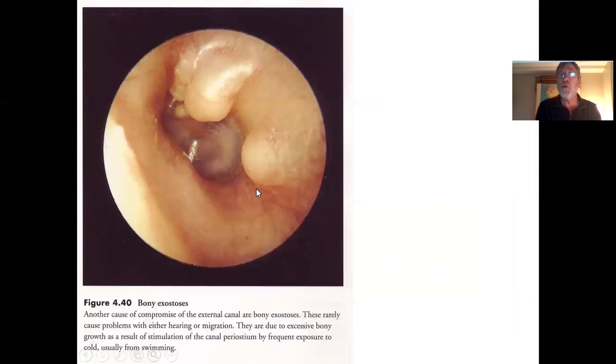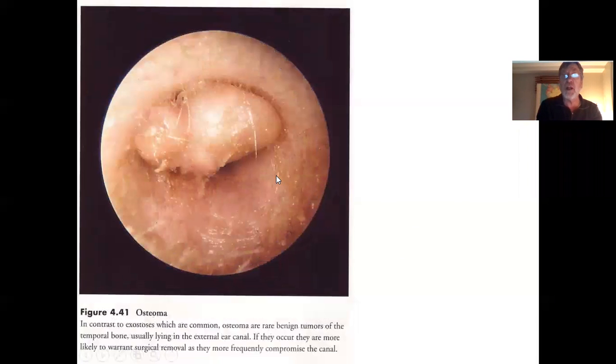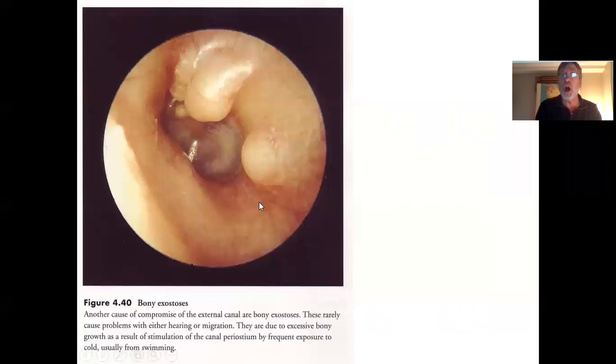It's nature's own device to protect the ear canal and eardrum from cold water. These are just bony growths underneath. They're not cancerous. When you really get something here, an osteoma, oma always means a bit of a tumor. Exostoses are quite common, swimmer's ear. They can drill those out.